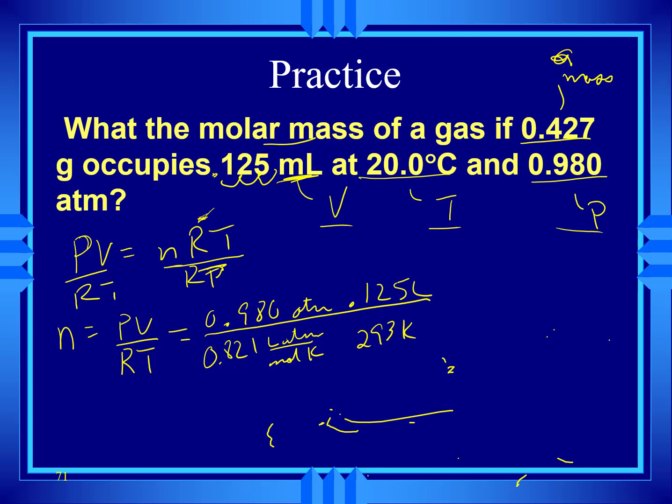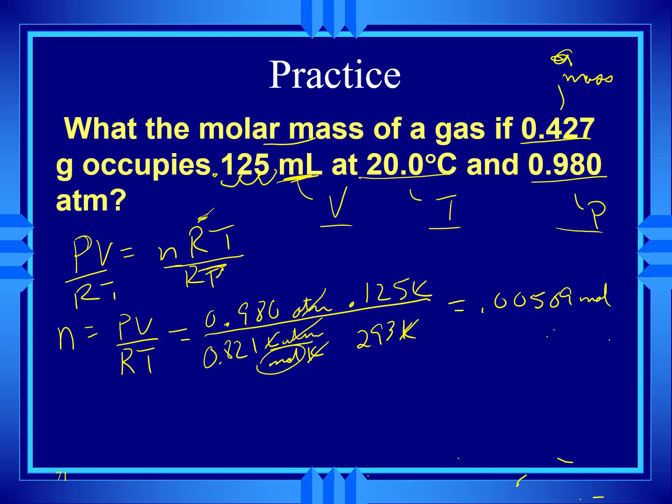So pushing the buttons on my calculator, 0.98 times 0.125 divided by 0.0821 divided by 293 equals 0.00509, with 3 sig figs. Unit-wise, Kelvins cancel, liters cancel, atmospheres cancel, and I'm left with moles as the denominator of my denominator. So that's going to flip up top, and that's going to make this moles.